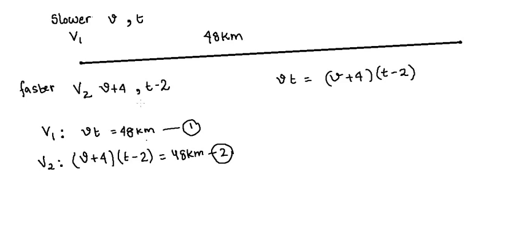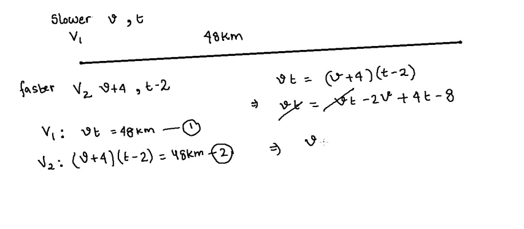So you can equate equation 1 and 2. Now simplify: vt is equal to vt minus 2v plus 4t minus 8. Cancel out the vt term, and you get a linear equation: v minus 2t plus 4 equals 0.